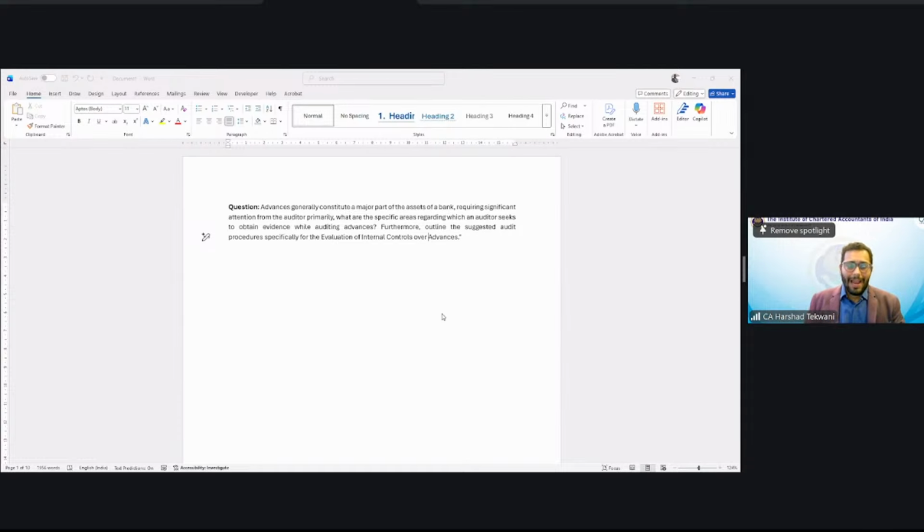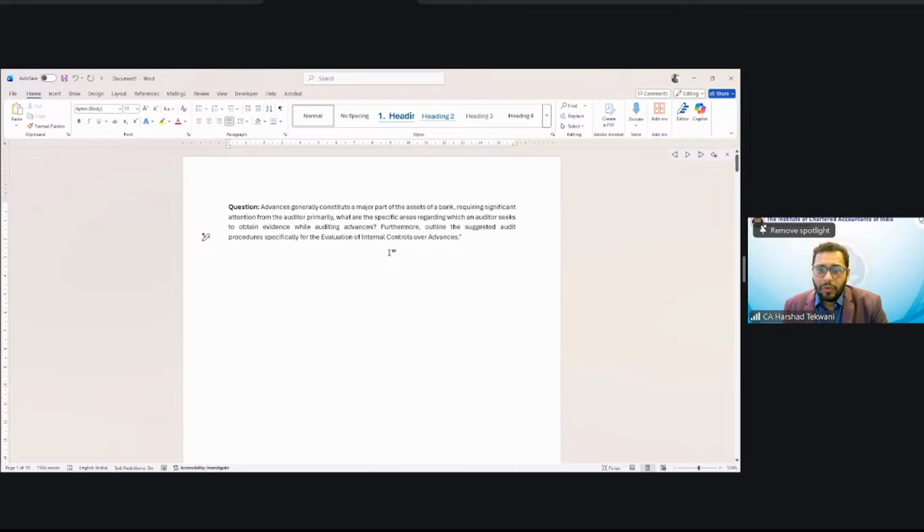So the question was, advances generally constitute a major part of the assets of a bank, requiring significant attention from the auditors primarily. Now you as an auditor are required to provide, number one, what are the specific areas regarding which an auditor seeks to obtain the evidence while auditing the advances. Number two, outline the suggested audit procedures specifically for the evaluation of the internal control over the advances.